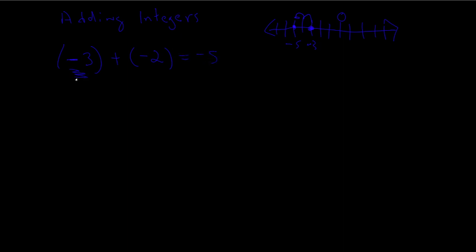Well, these signs were the same. And so I could think about this as taking the absolute value of -3 and -2, which would be 3 and 2, and I get 5. Well, but my sign was negative, so my answer will be negative.